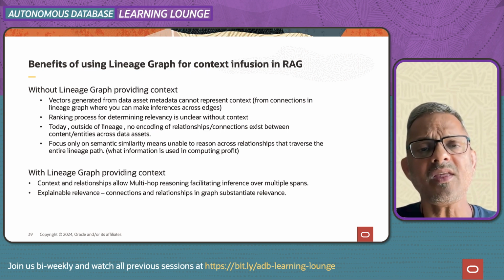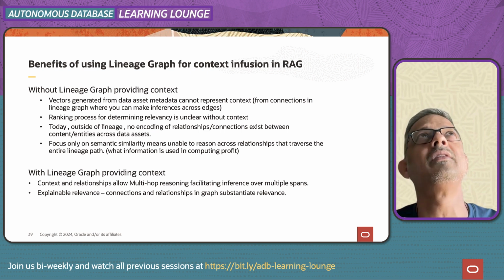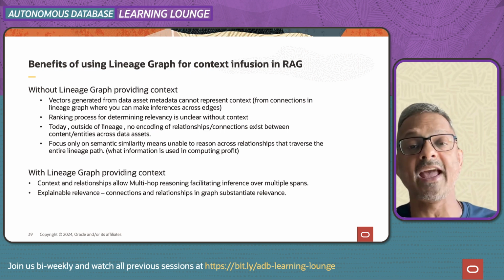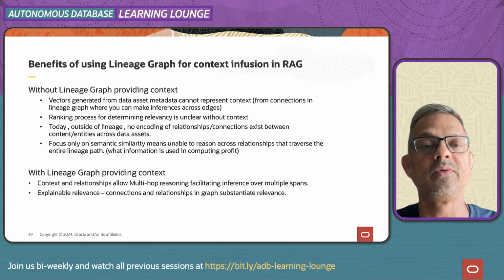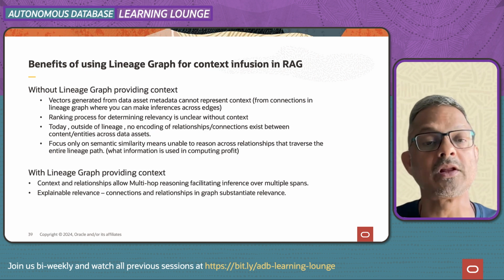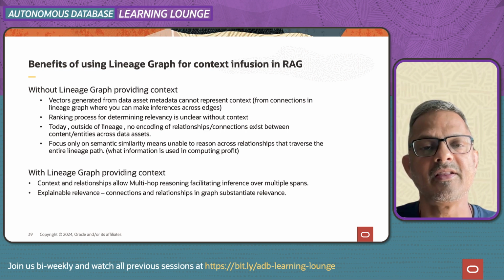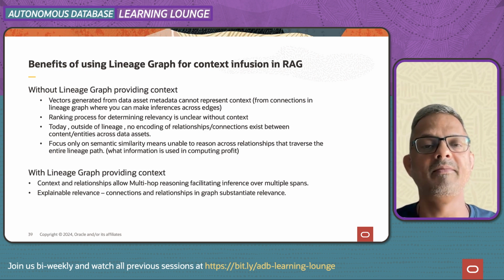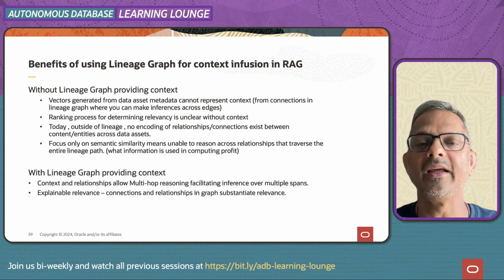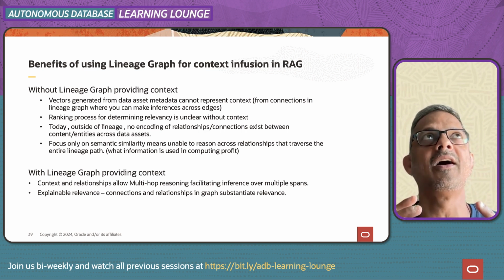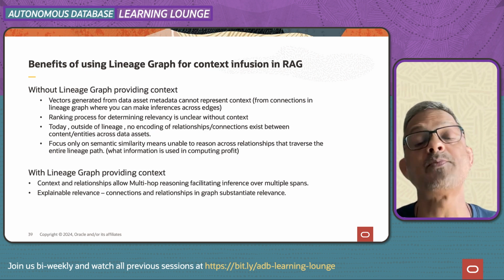So also, outside of lineage, there are really complex, interesting relationships that we capture. So that is very critical. That's why we also want to feed the knowledge graph to the large language models. And anytime you index documents that make you think that all things are equal, and you focus only on semantic similarity, not on relationships that are weighted, then you really are missing out on what is possible, right?